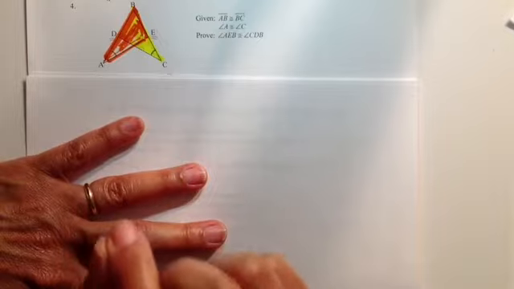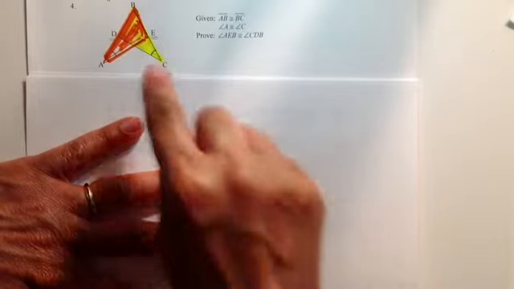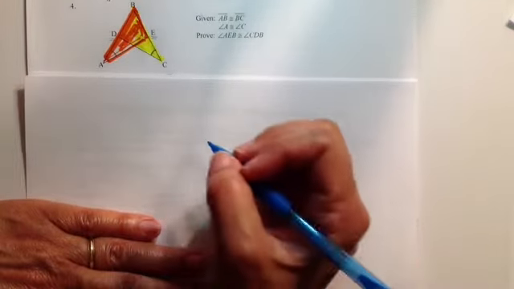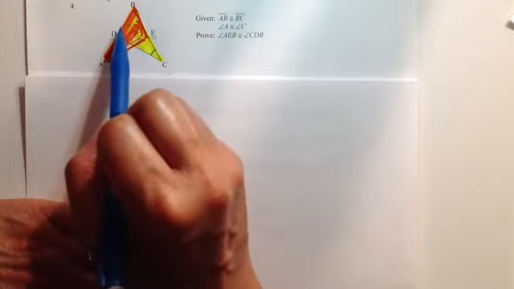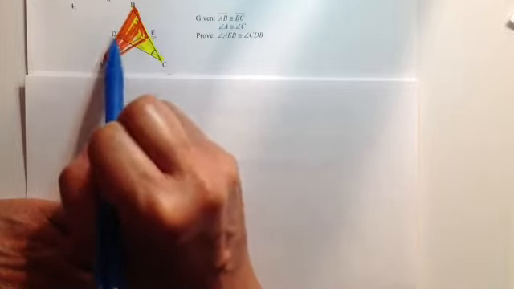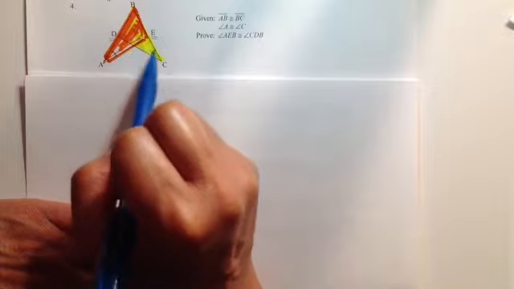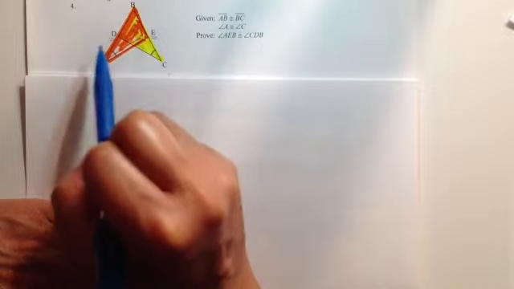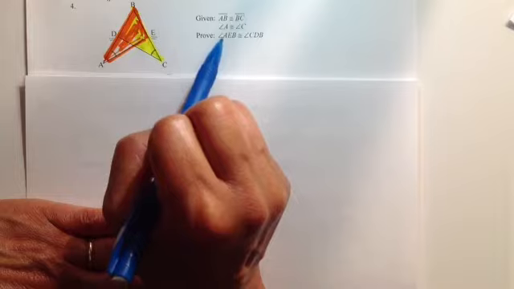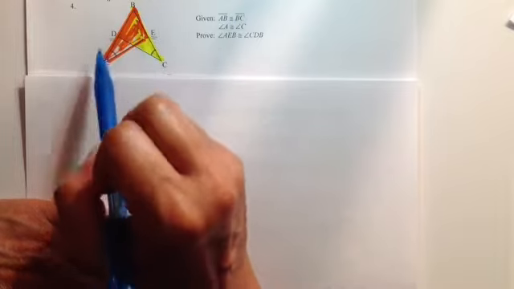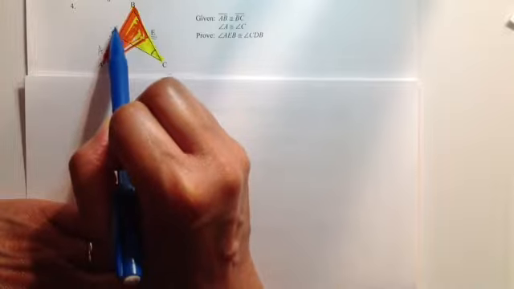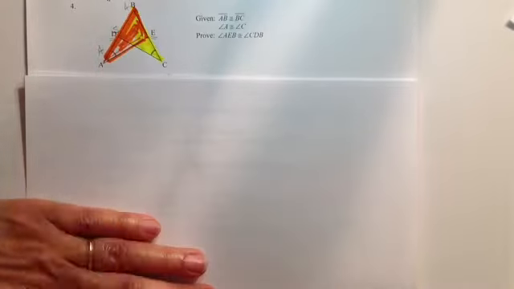then I can use CPCTC to prove that my two angles are congruent. All right, so I kind of have a direction. And what I start to notice is that if these two sides are congruent and these angles are congruent, then if I had another angle, I could prove using angle, side, angle that these two triangles are congruent.